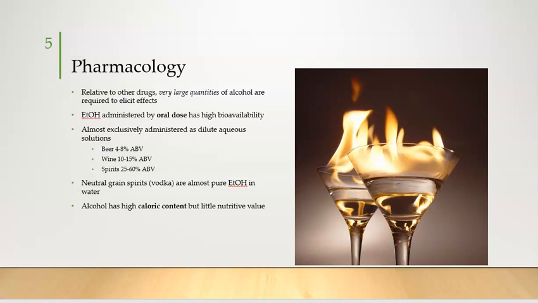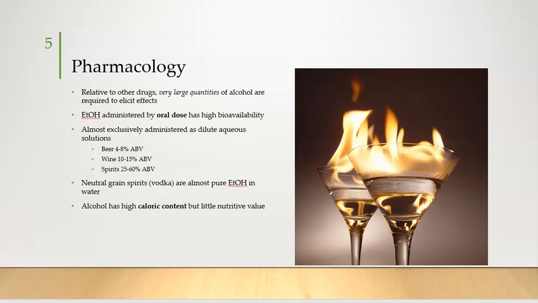Natural grain spirits like vodka are the most pure ethanol in water. But you can obviously drink more of a lower dilute substance to then get more alcohol. ABV stands for alcohol by volume.